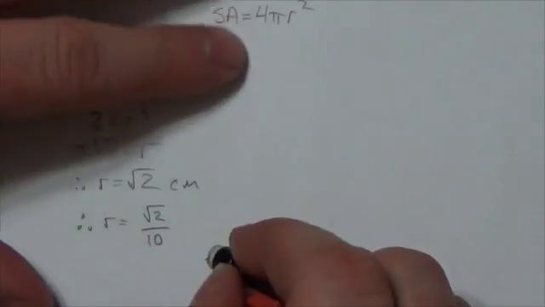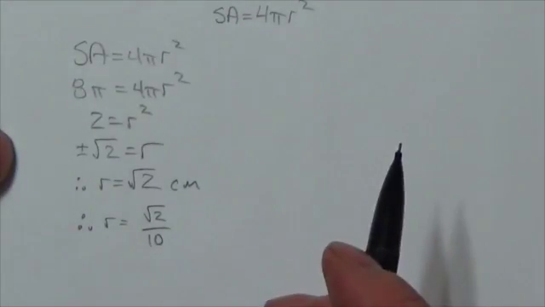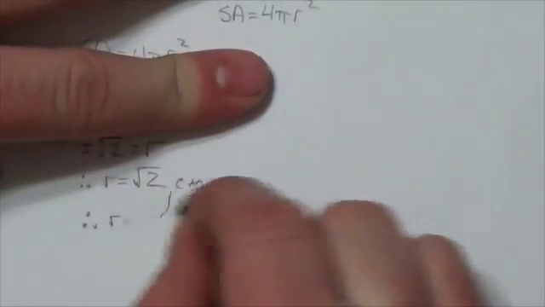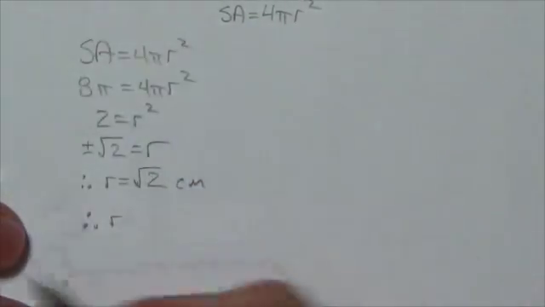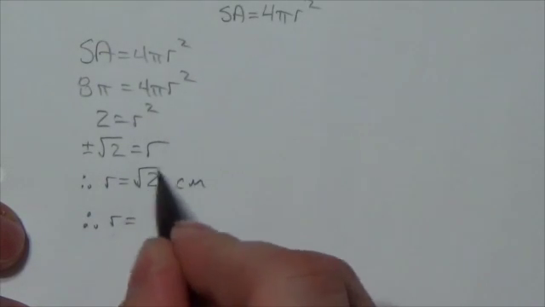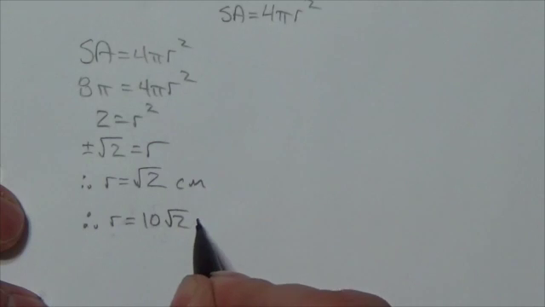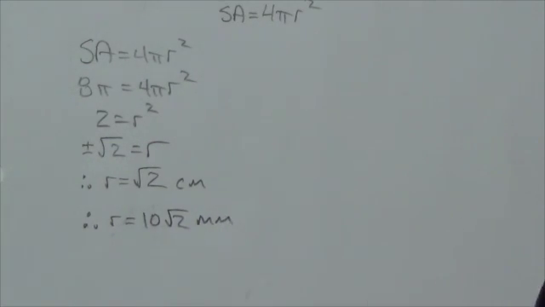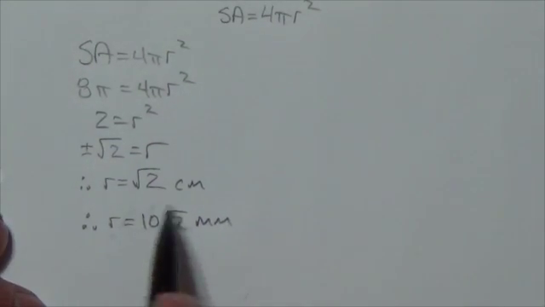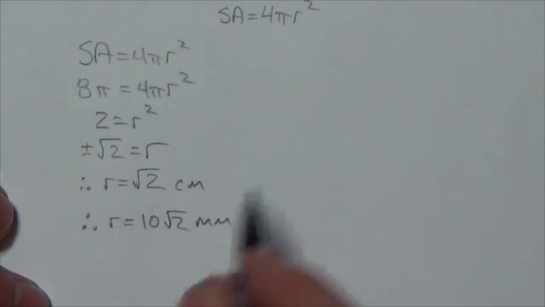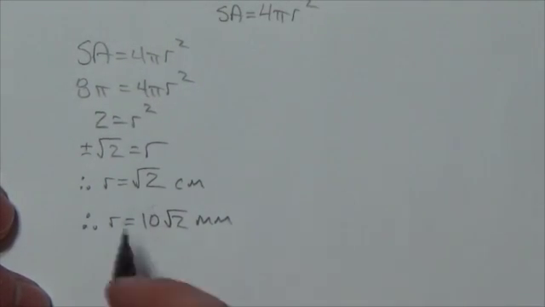Oh, sorry, no, that's not right. If I wanted to convert that, sorry, I'm having a bit of a brain fart here. This is going to be like 1.4 centimeters. I have to multiply that by 10 to convert it into millimeters. So there's the radius that I'm working with.